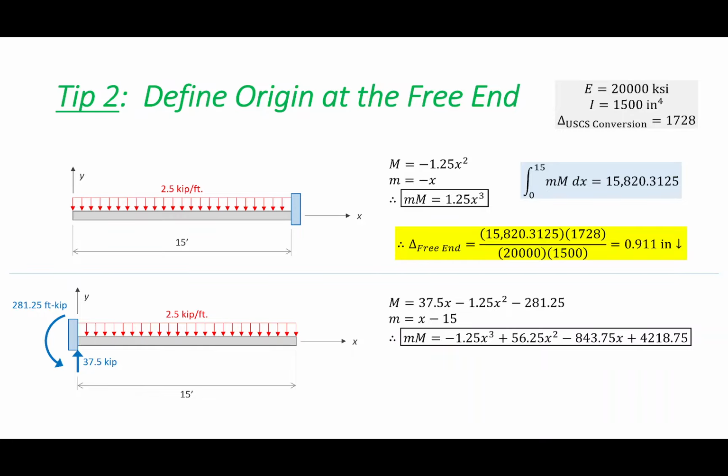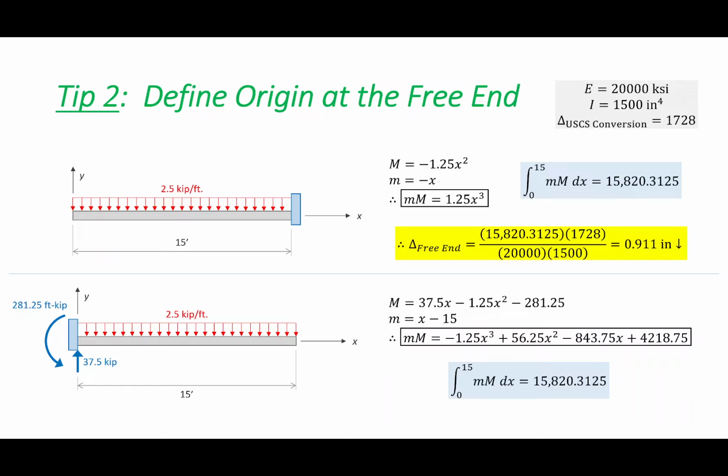My little m is going to be a lot more complicated. So I've got this nonsense I have to integrate. But here's the funny part. If I integrate this from 0 to 15, I get that. If I integrate this nonsense from 0 to 15, I get the same answer. The beam doesn't care. The answer is the answer, okay?